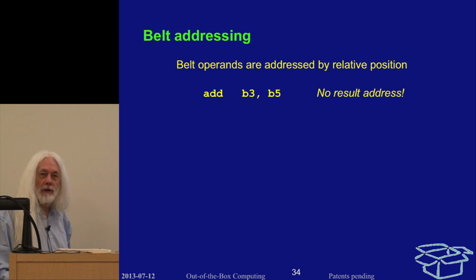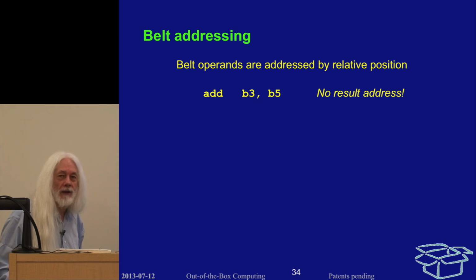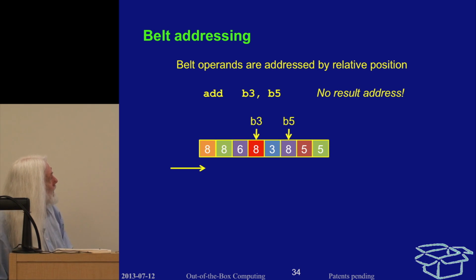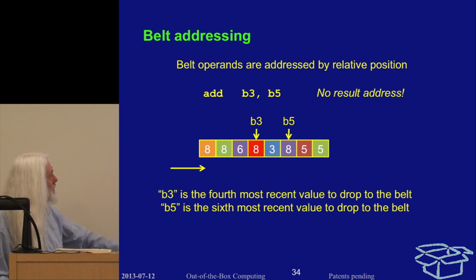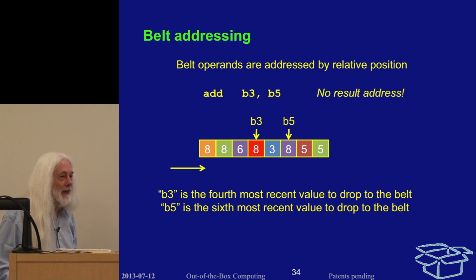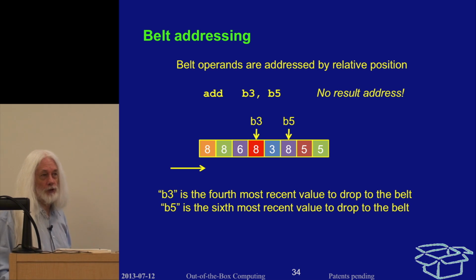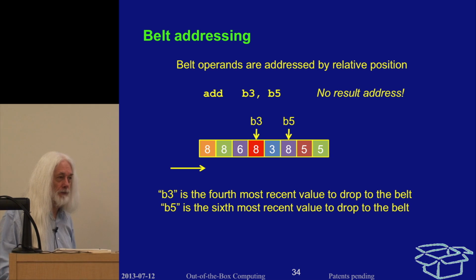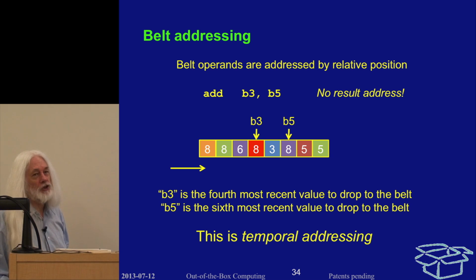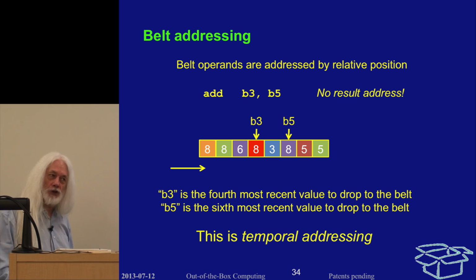That makes your code more compact, which is rather important for things like your instruction cache. So B3 there, it indexes from 0, is the fourth most recent value to have dropped onto the belt. B5 is the sixth most recent value that has dropped onto the belt. This is temporal addressing. It is not spatial addressing, it's temporal addressing.